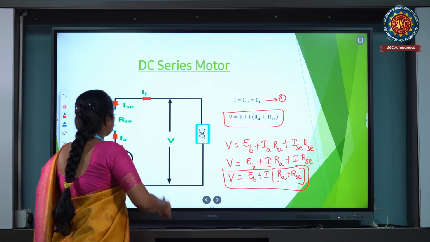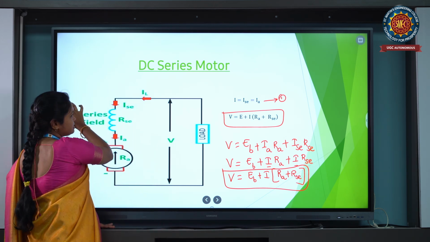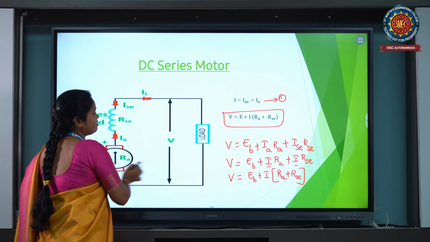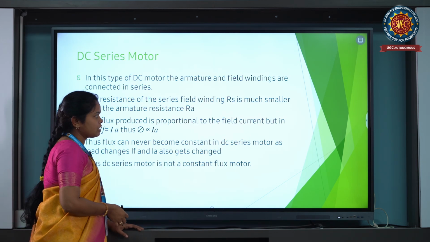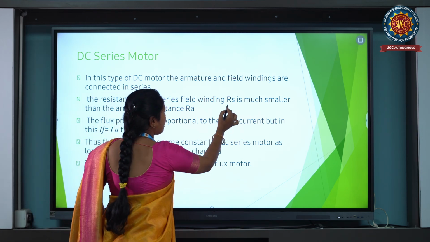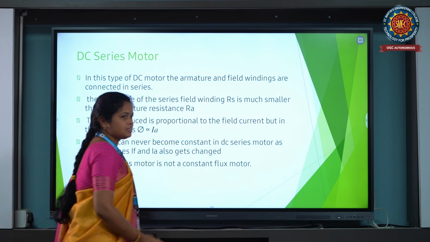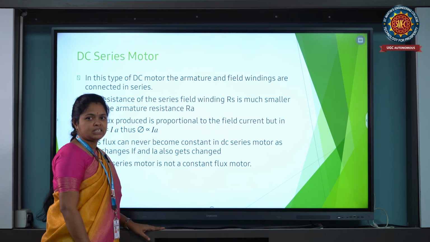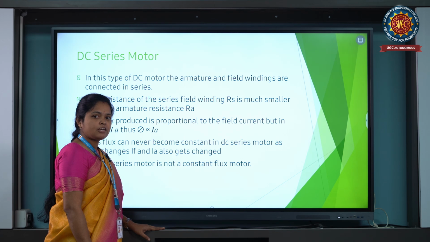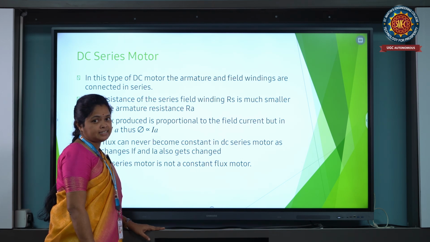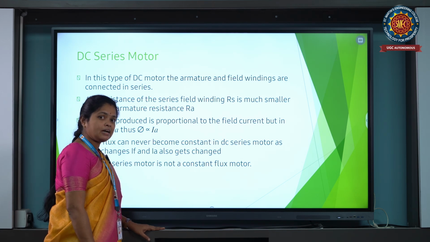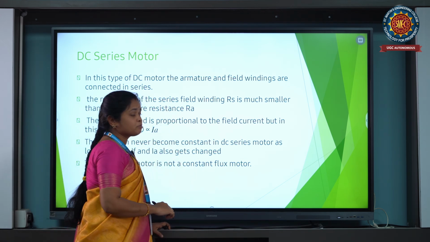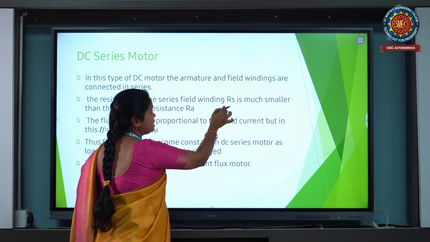And next, DC series motors have a high starting torque. This is a very high starting torque because the RS value, the series resistance, is smaller than the armature resistance. In the case of the shunt motor, RSH is higher than RA, but in the DC series motor, the RS value is smaller.